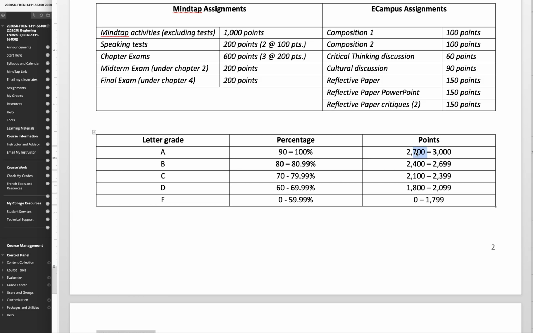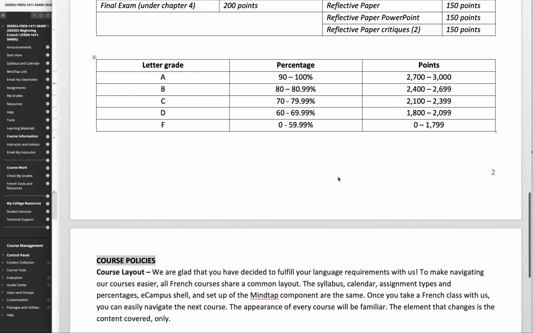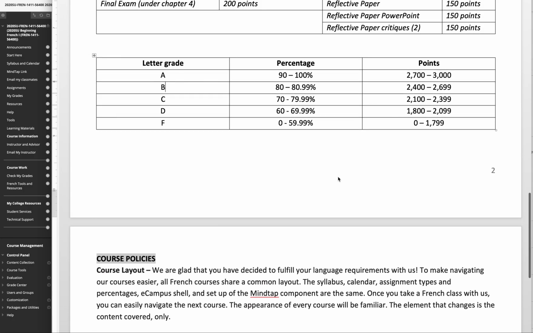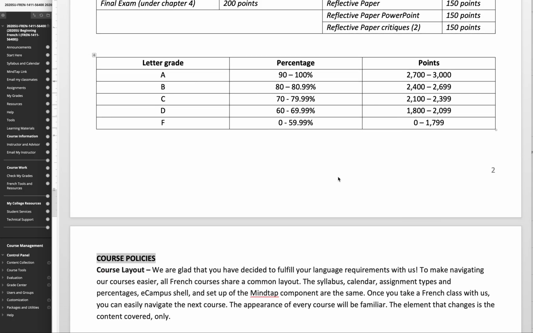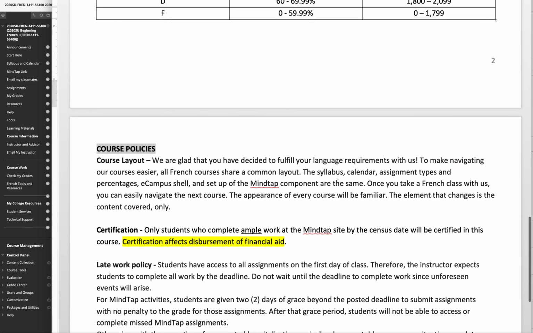So 2,700, that means you are getting an A at the end of the semester. If the total column shows that you have 2,500 points, then you are in the 2,400 to 2,700 point range. That means you're getting a B in the class. So just keep that in mind as we get closer to the end, so that you know exactly what you got when I release the grades.